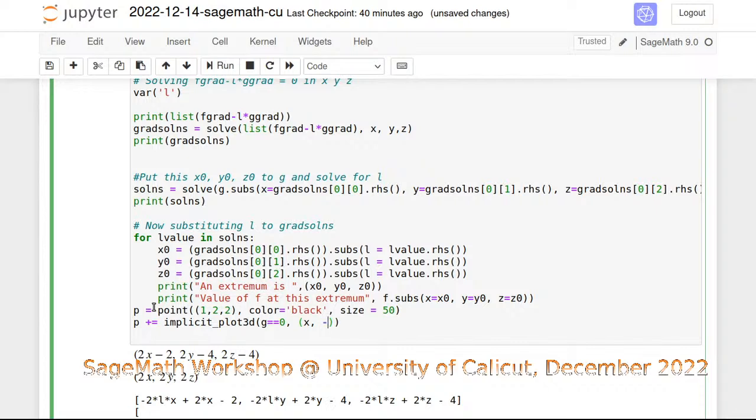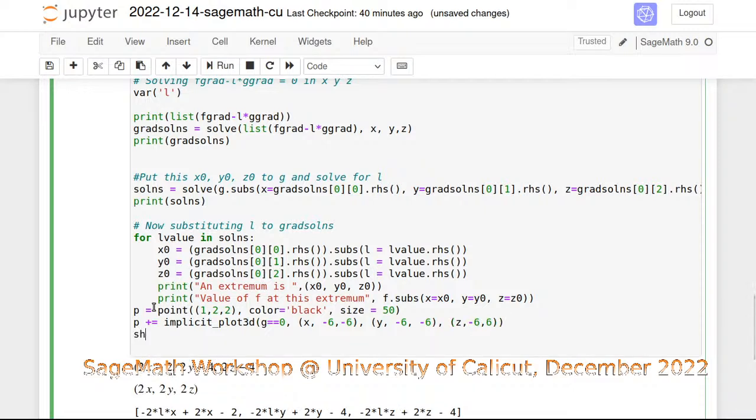So x from minus 6 to 6, y from minus 6 to 6, and in implicit plot 3D we need to specify z also, z from minus 6 to 6. Show p.